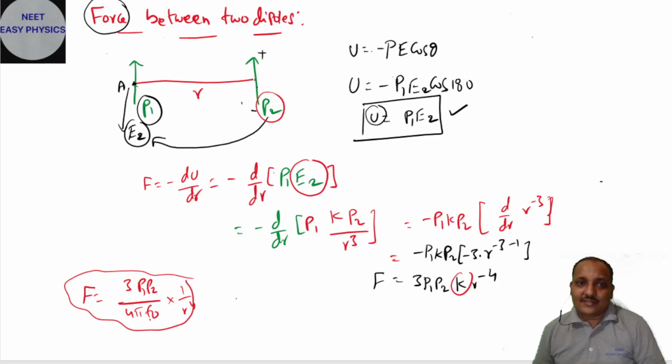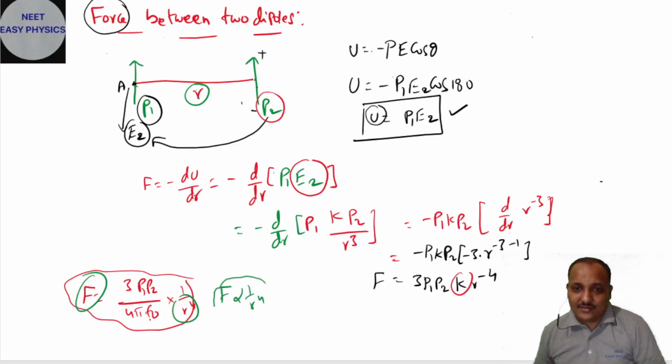What they will ask in the question from this is how small r and force are related. So force is inversely proportional to r power 4. This is the force between two dipoles parallel to each other separated by distance small r. Understood? Like this we will do easily. Here we got 3 and here we got plus.